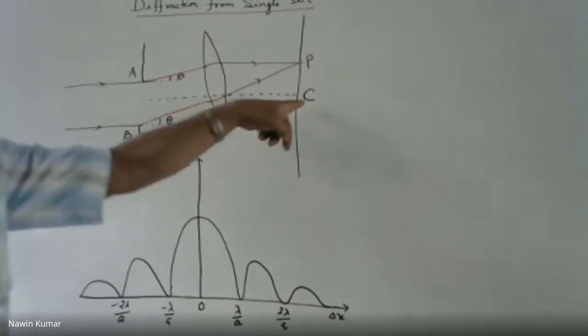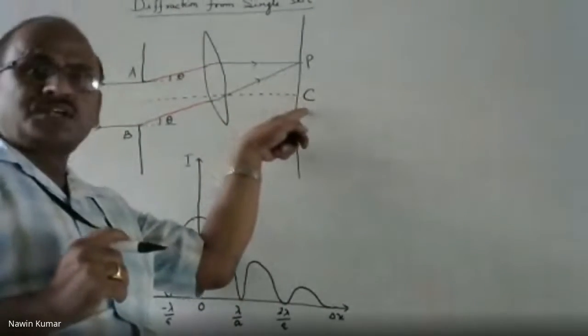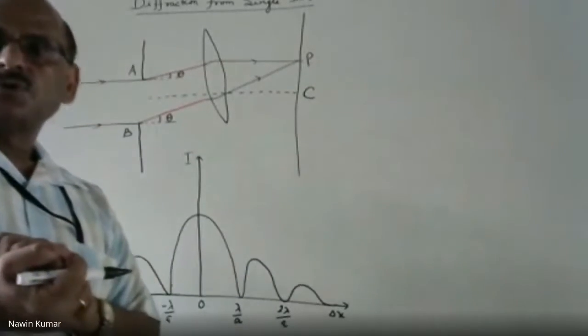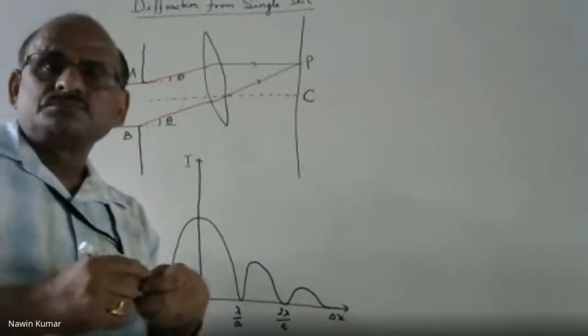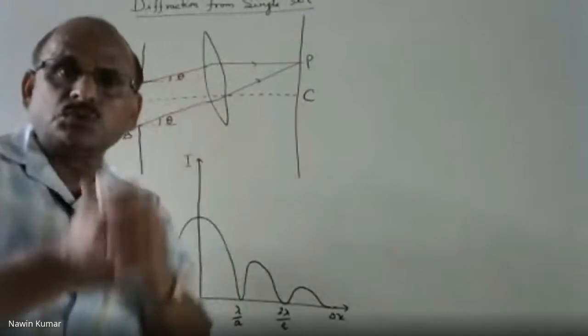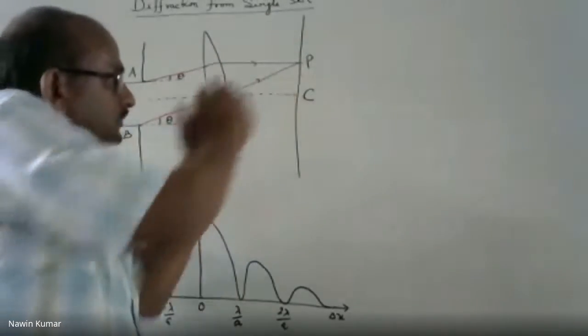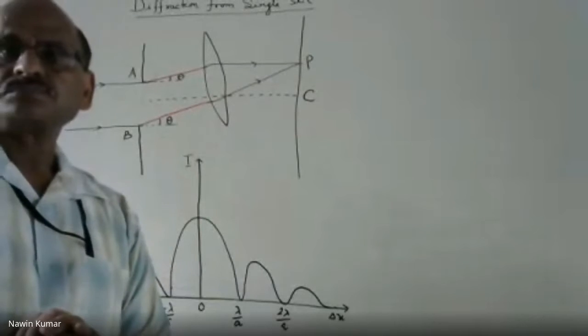But we have seen in all cases that the center is bright, because the light reaching there is in the same phase, with phase difference 0. So it is bright, that is constructive.